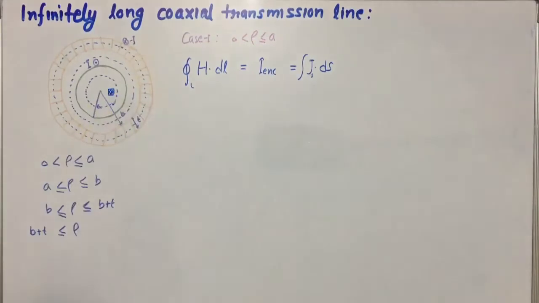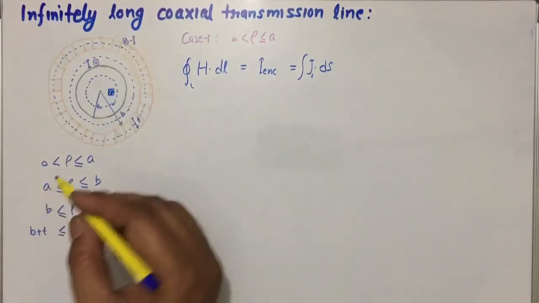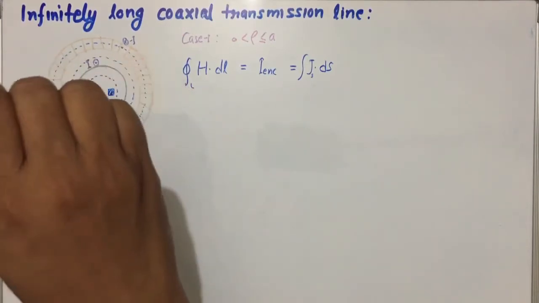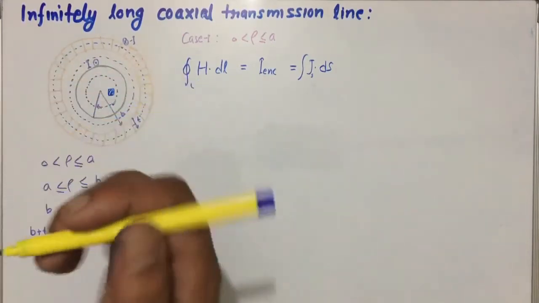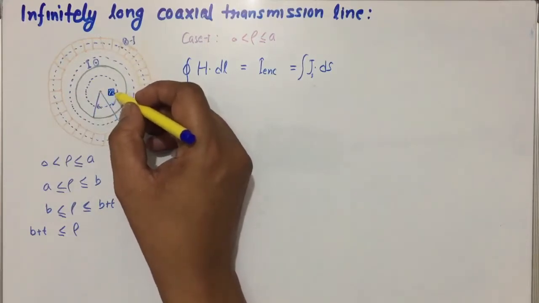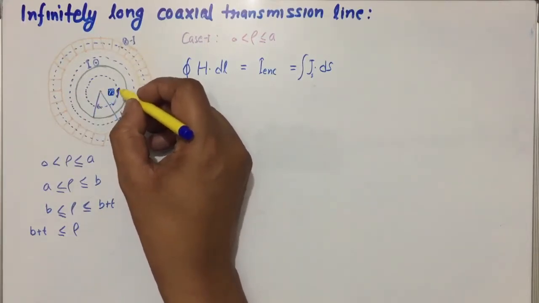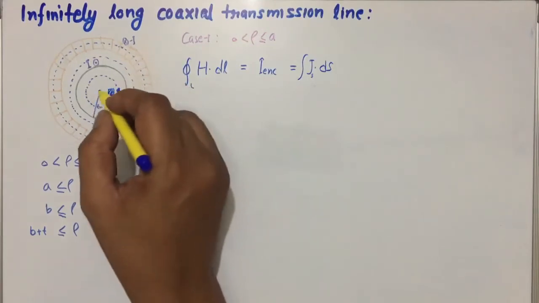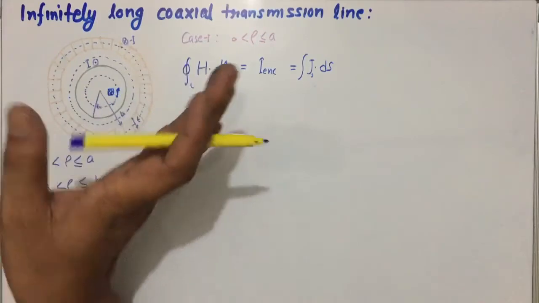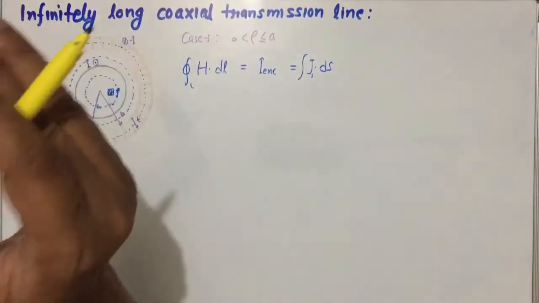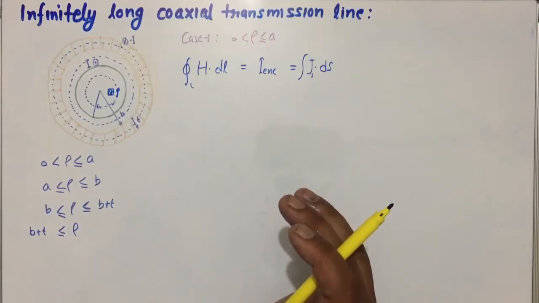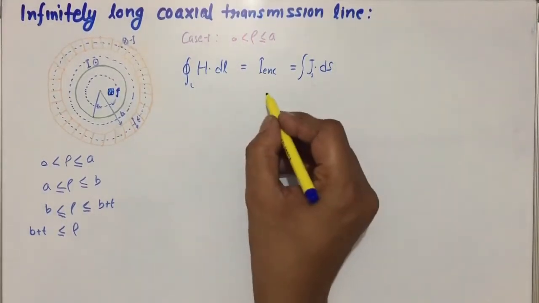This is ds, and the area vector will be in the direction of az, outward, and H will be in this direction, that is in the direction of phi. If this is the current direction, then the curling direction of the finger will give us the direction of the H.